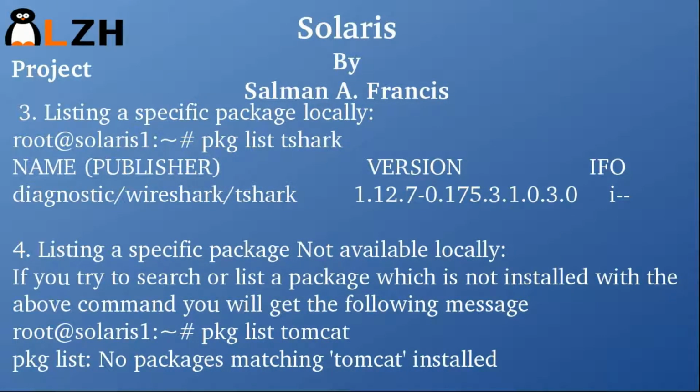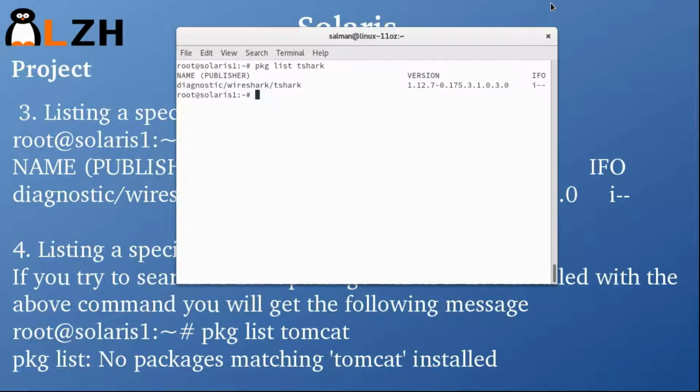Then listing a specific package which is not available locally. Let's say in our case it's going to be Tomcat. Let's take a look. If I list the package Tomcat, you can see it's saying that no packages matching Tomcat are installed.